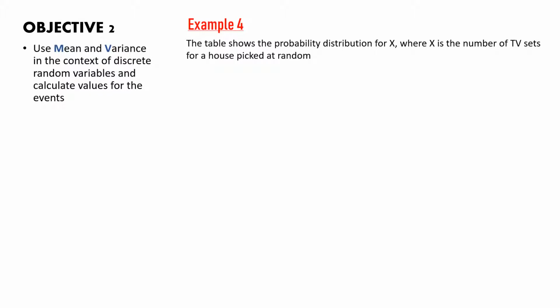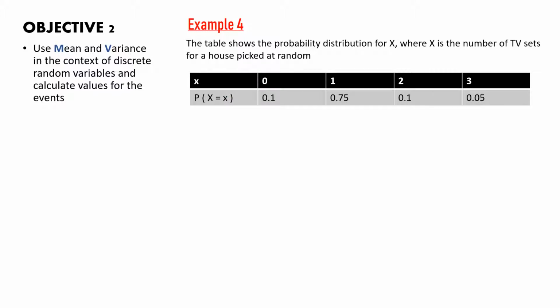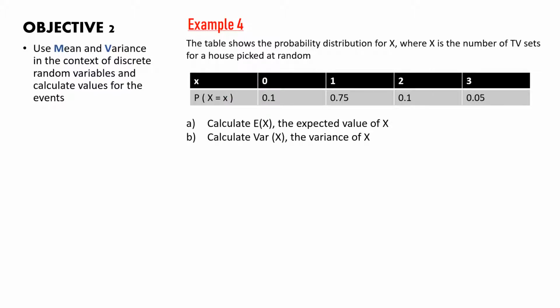The table shows the probability distribution of x, where x is the number of TV sets for a house picked at random. So here it is. In this case, you'll see that we didn't have to work anything out, but we're going to calculate the expected value of x, or the mean, and Var(X), which is the variance of x.